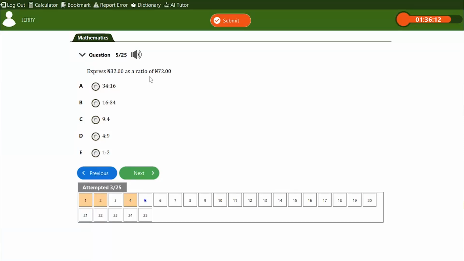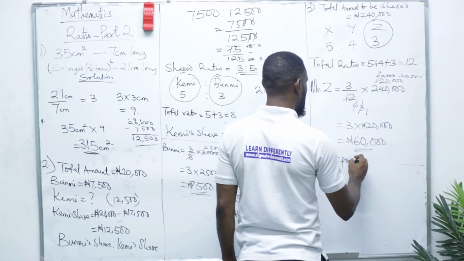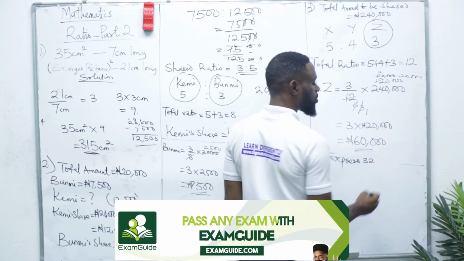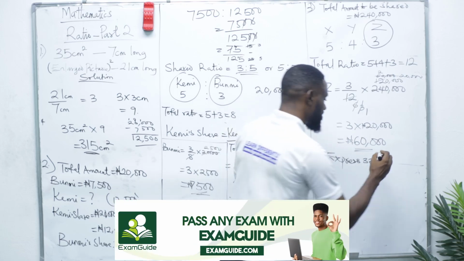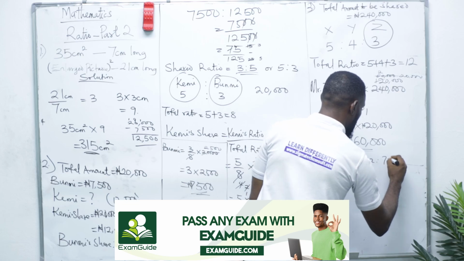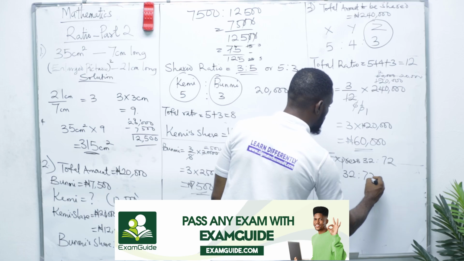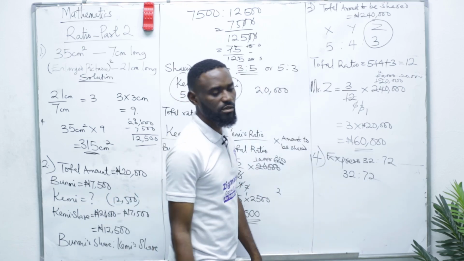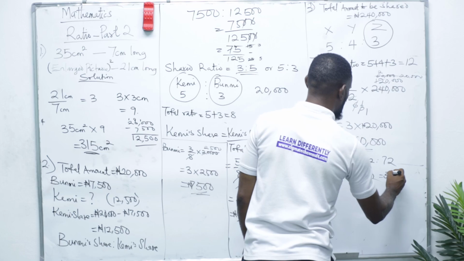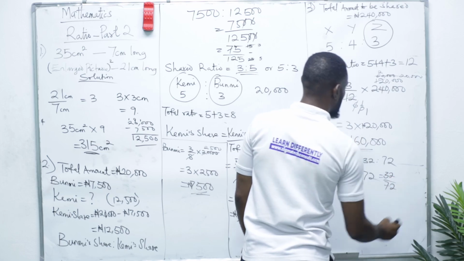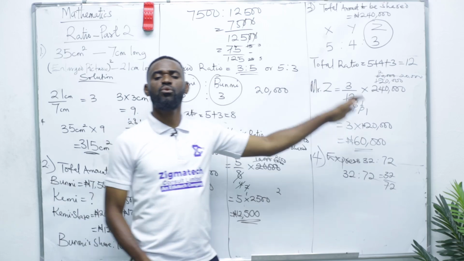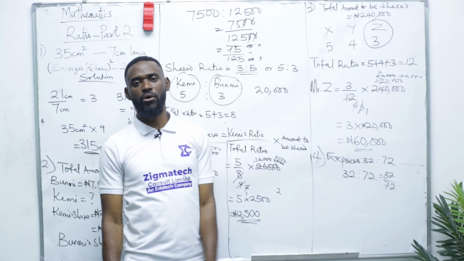If you see that and you may be confused on what they mean, what they simply mean is express 32 as ratio 72. That is, they're asking to do 32 ratio 72. That means 32 over 72. And you can go ahead and solve all that to get the answer.